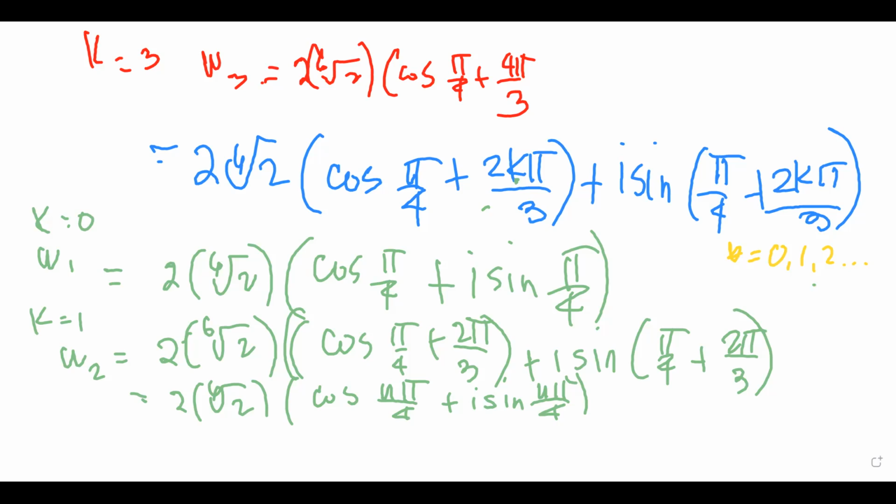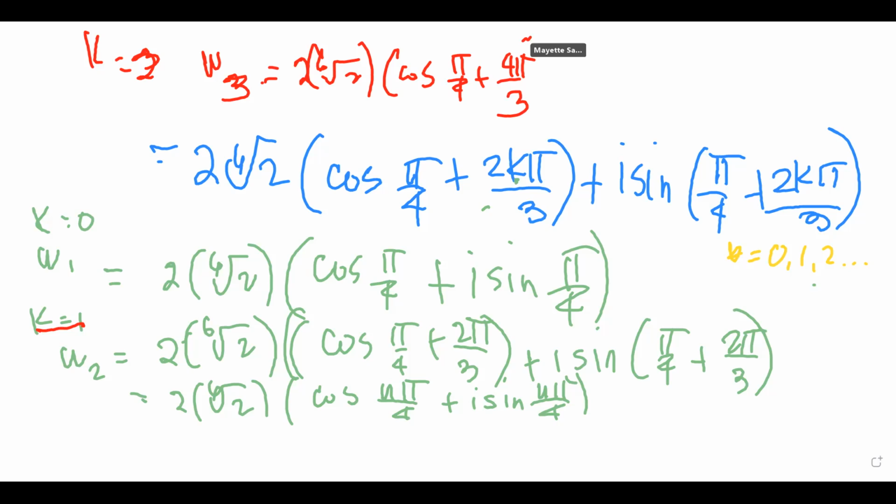When k is equal to 2, your third root has 2 times 2 is 4 over 3.